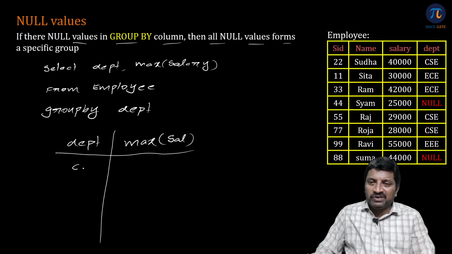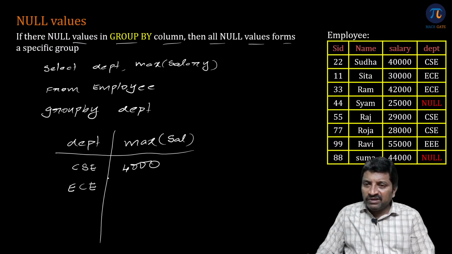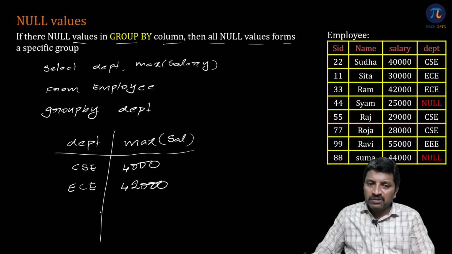So the first department is CSC, sir. What is the maximum of CSC? I think it is 40,000. The second department is ECE. For ECE, the maximum is 42,000. Then for triple E, there is only one record, I think, so the maximum salary is 55,000.